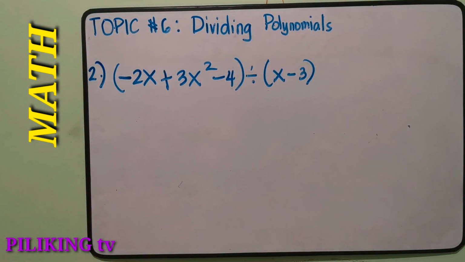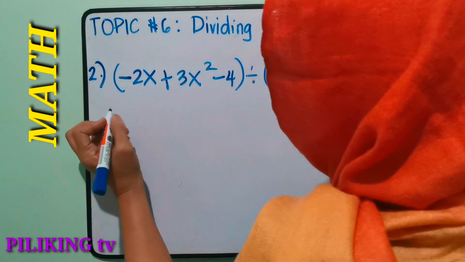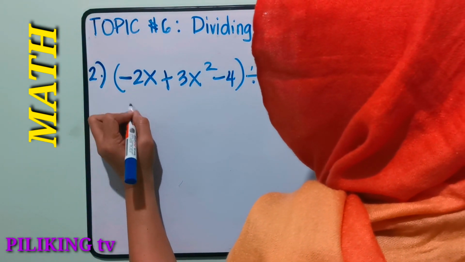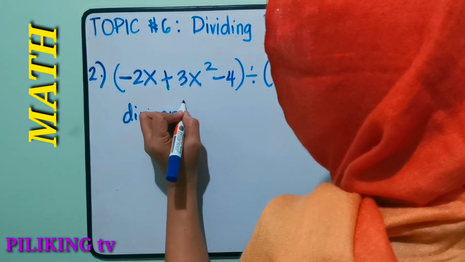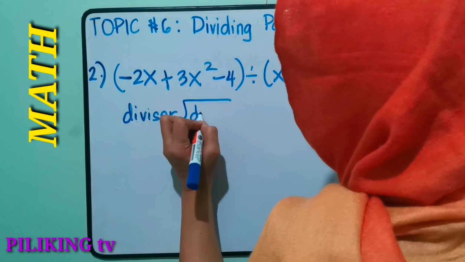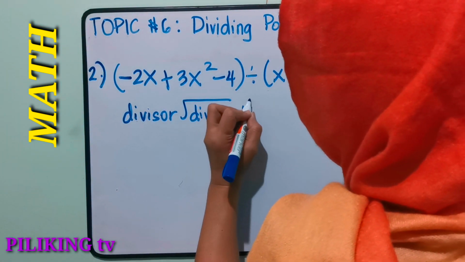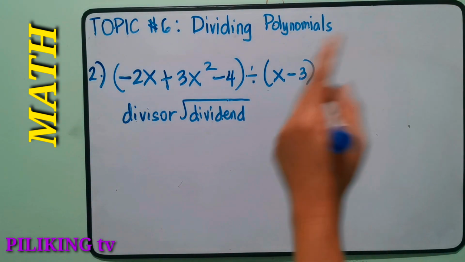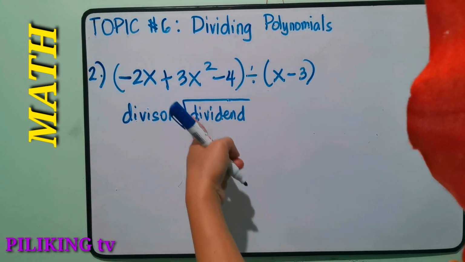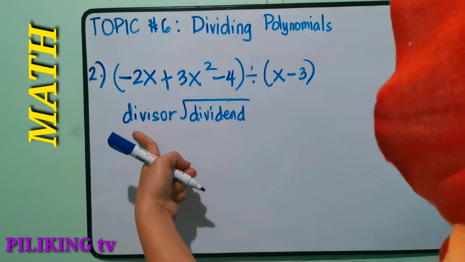Okay, so our first step, rewrite the given in the form of long division. So you write the divisor, then we will have here the dividend. Do not forget that the numbers or expression inside the radical sign are the dividend, and this is the divisor.